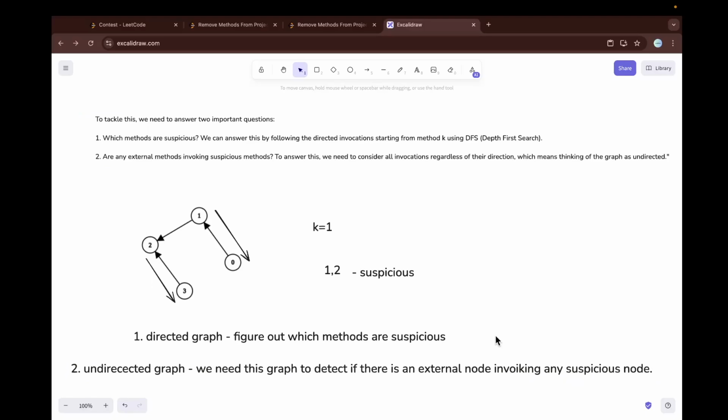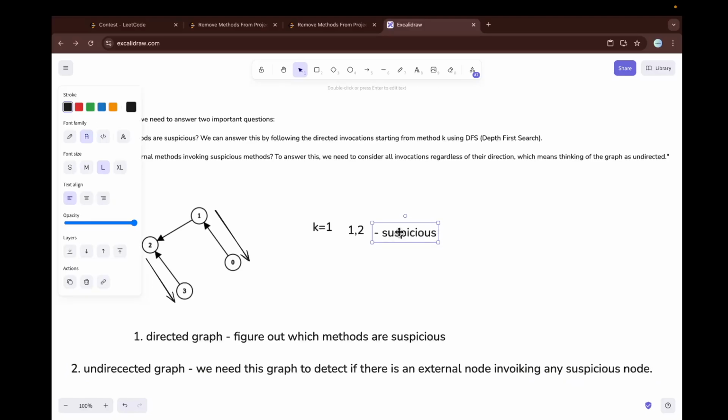So this is all we have to do in this problem. We can also take this example and see that if we do DFS from 1 in the directed graph, we can reach 1 and 2.